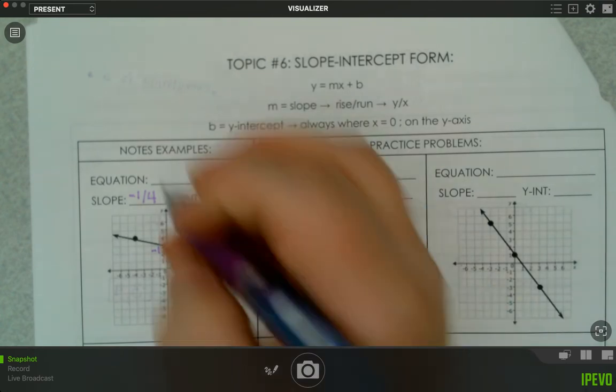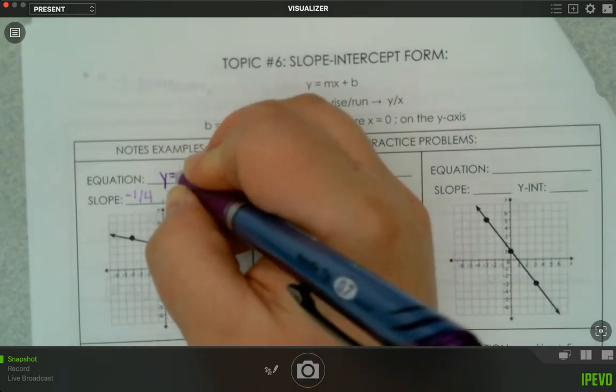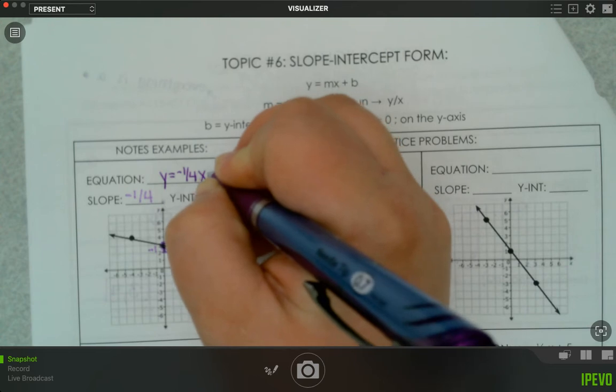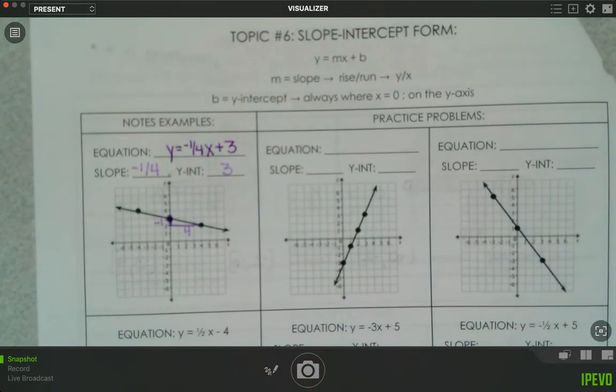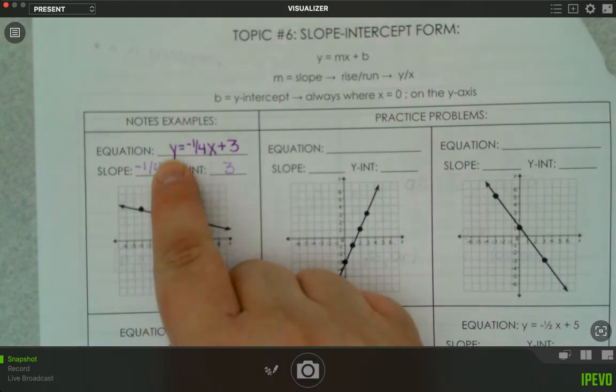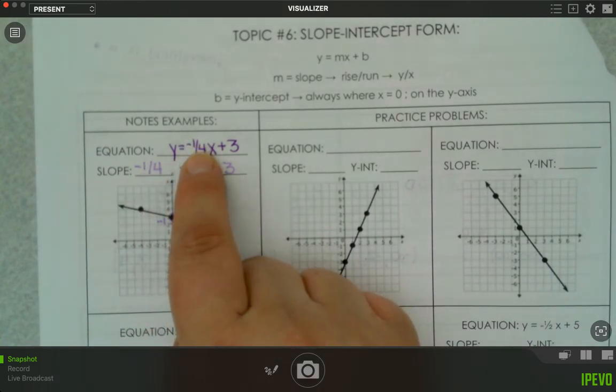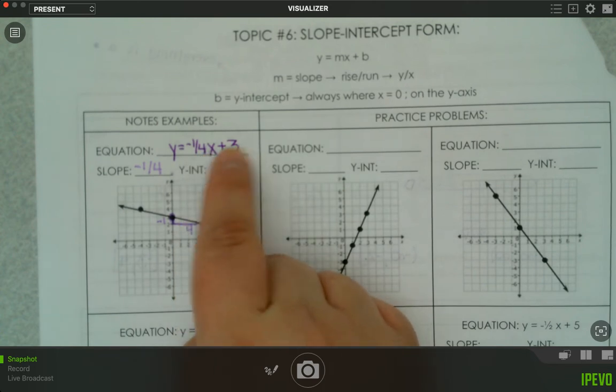Then to write my equation, I just put the slope in front of x, and the 3 at the end, the y-intercept goes at the end. And that's it. So start with y equals, and then put the slope first with an x next to it, and then your y-intercept goes at the end.